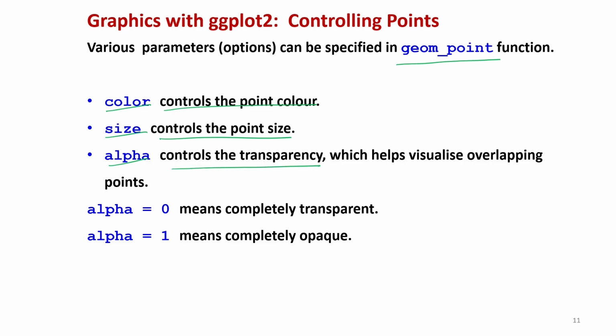So if there are points which are overlapping with each other, then this alpha helps us in visualizing the overlapping points. And the interpretation of alpha is like this: if I choose alpha equal to 0, that means the points are going to be completely transparent, and if I use alpha equal to 1, that means the points are completely opaque, right.